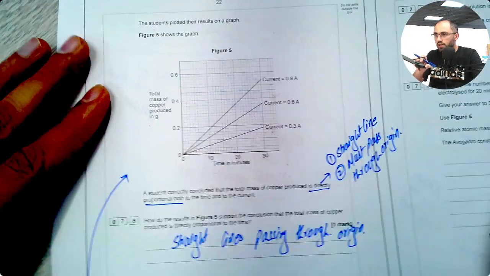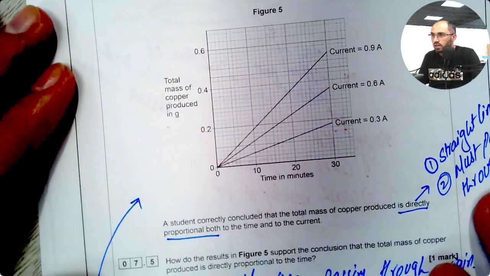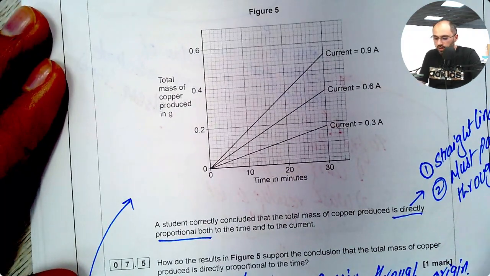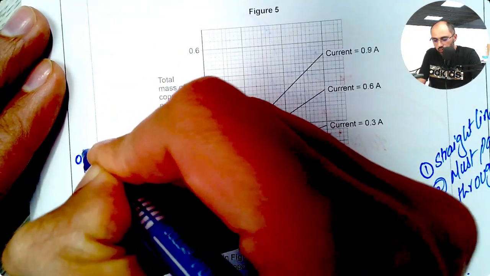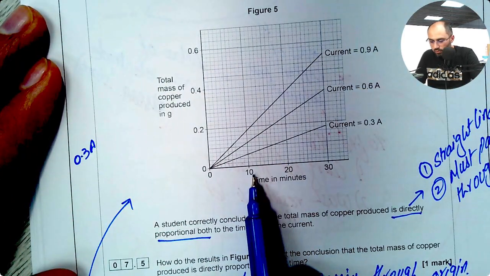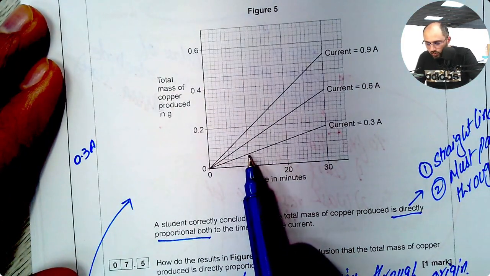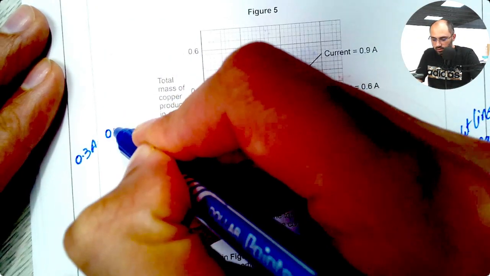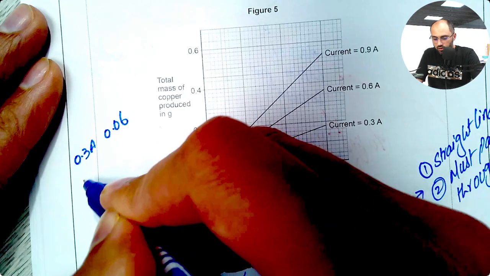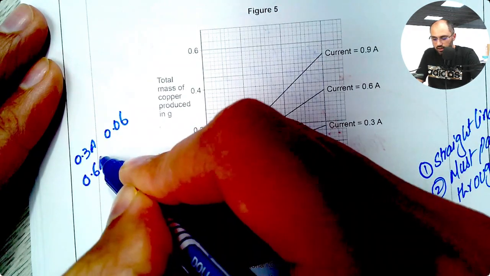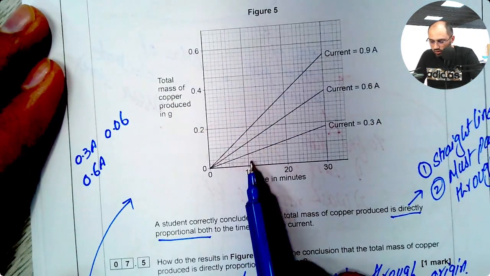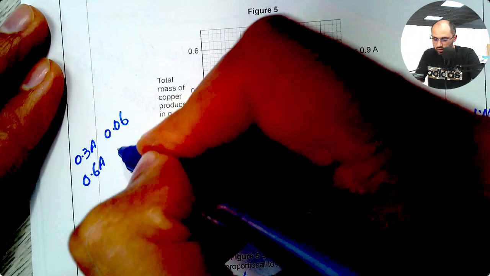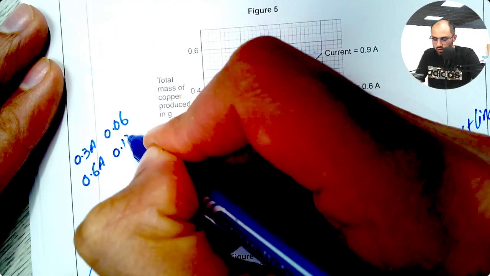So to show that current and mass are directly proportional, I will say when the current is 0.3 amps, the total mass produced was 0.06. When the current is 0.6 amps, now the total mass produced is 0.12.